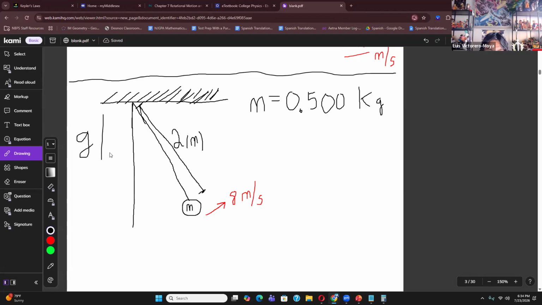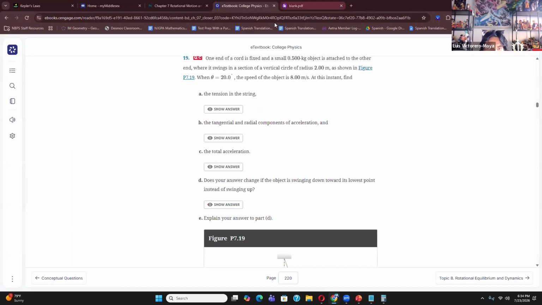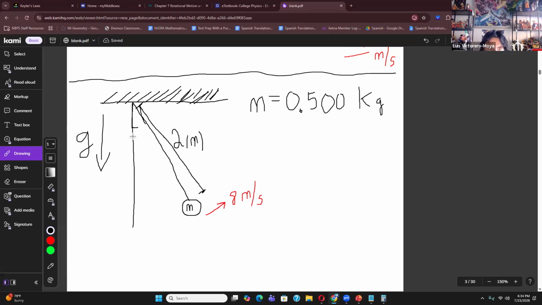Gravity. And the angle is 20 degrees. I will add something to help you guys. Let's use this as the direction of the, that's your circle there.